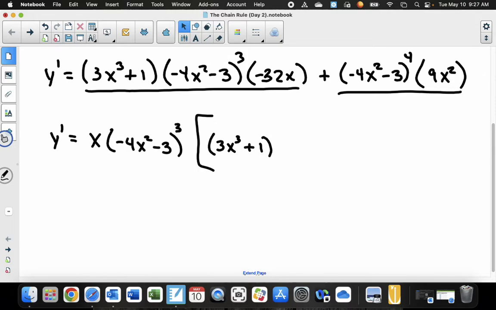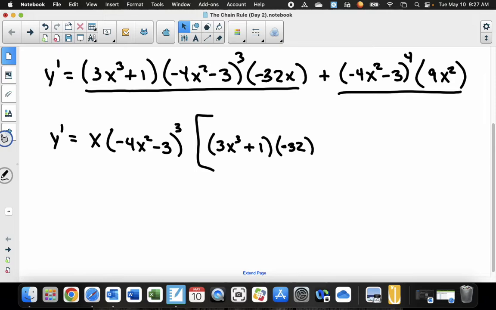If you move over to the next quantity, notice we factored out that entire factor cubed, so that's no longer there. Then on the last quantity, we took the x out, meaning the negative 32 is still here. And we will distribute that in a second.